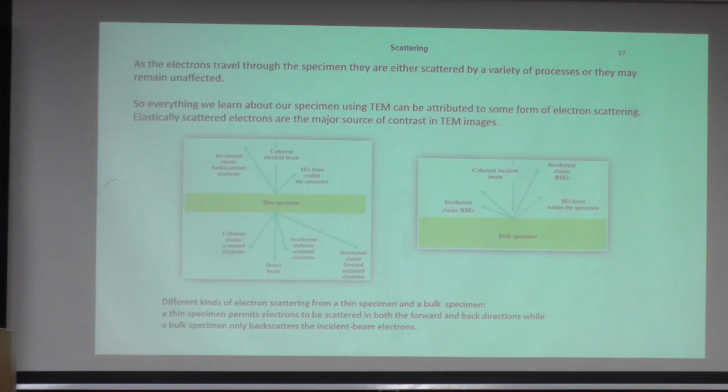If you can do it, then you can have a beam which goes through your thin specimen, and then you can get different signals, like coherent elastic scattered electrons, incoherent elastic scattered, incoherent elastic forward scattered electrons, and also the direct beam. All these electrons, scattered by different processes, you can use to analyze your sample.